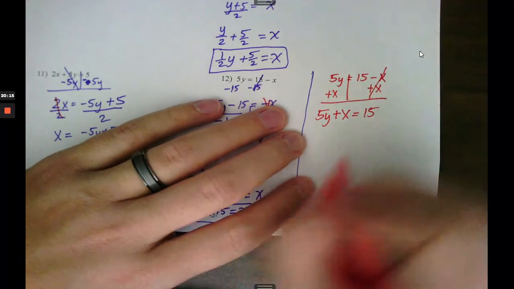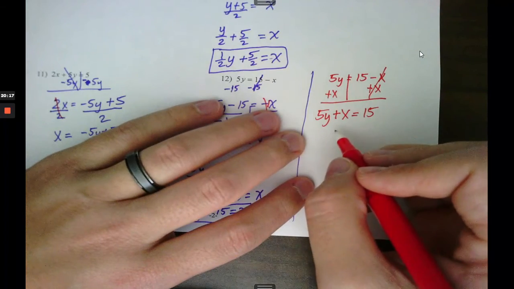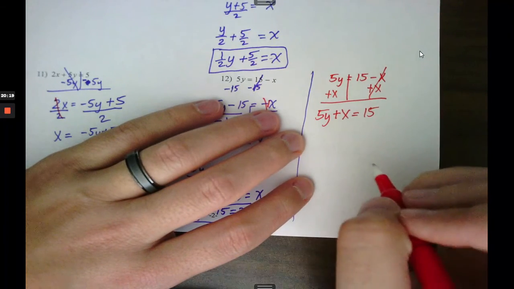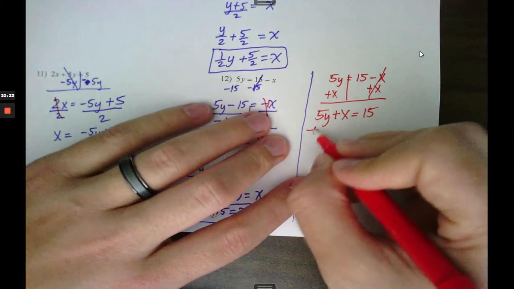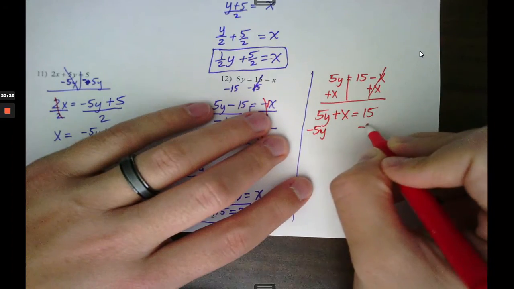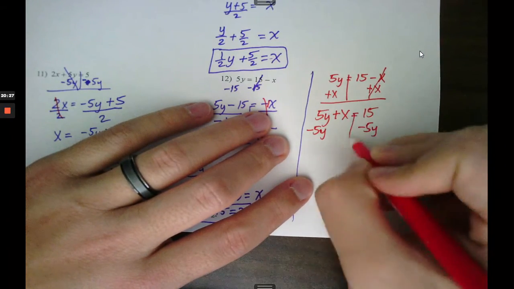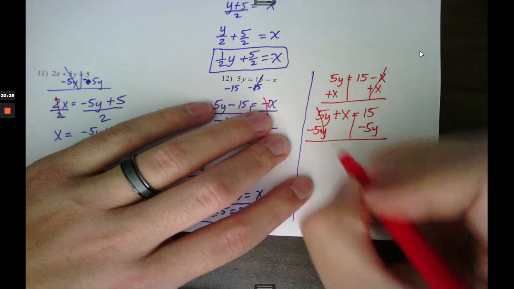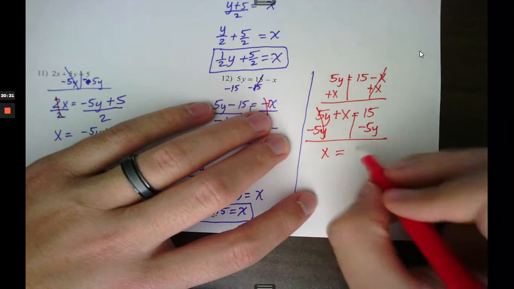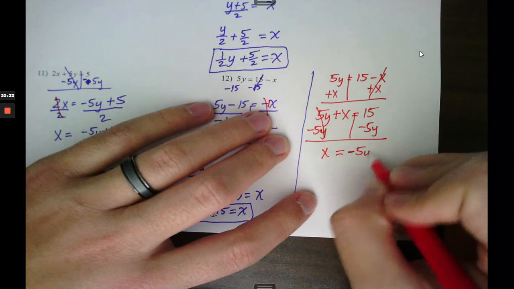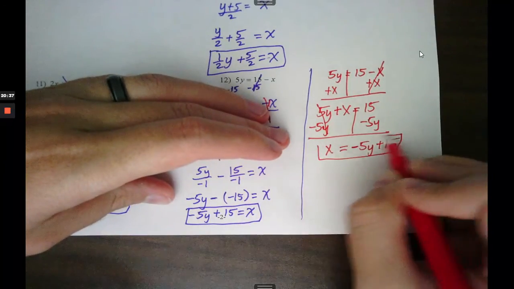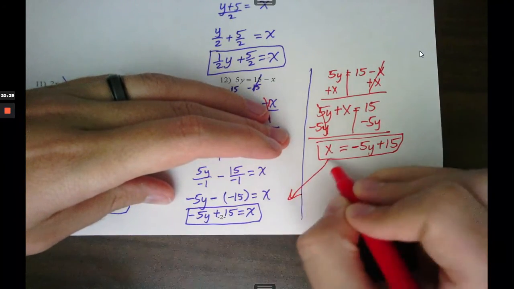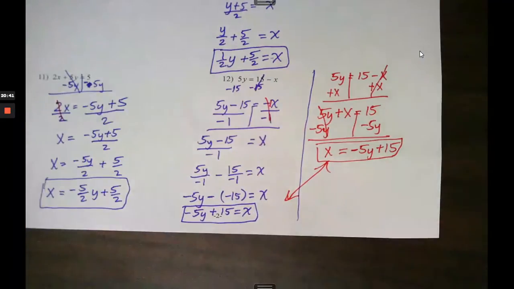Well, now, if I then move the 5y to the other side, I'll have x by itself, and it'll be positive. So subtract 5y, and you get x equals negative 5y plus 15. Which means you get the same answer.